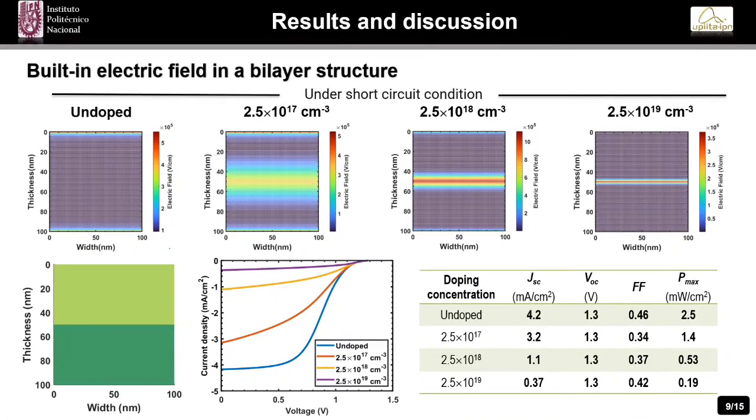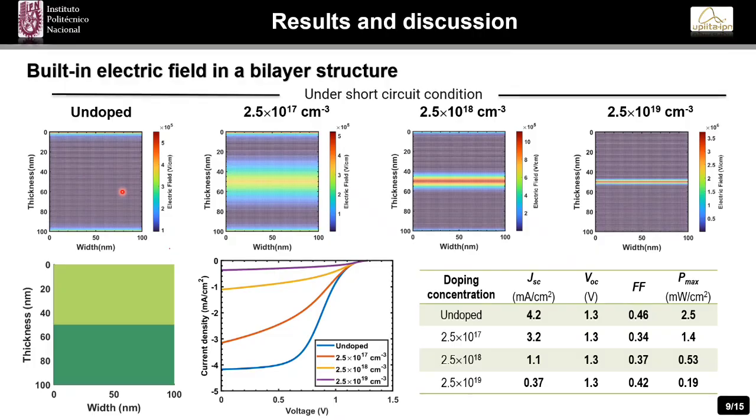In this slide, the results of the bilayer structure are shown, despite the fact that the bilayer structure that we simulate is not an effective medium, it is a heterojunction. The results showed that with this model, the electric field is higher near the contacts instead of at the interface.